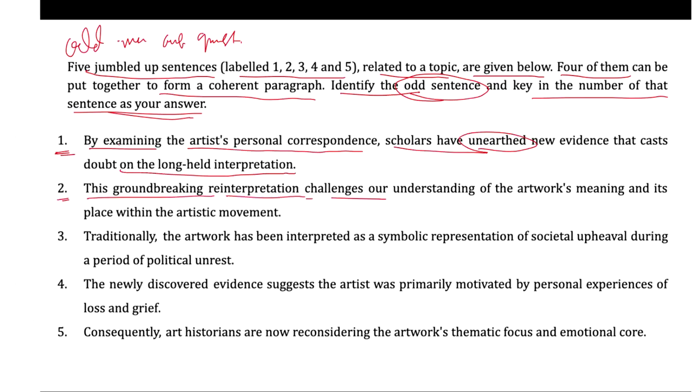Third, traditionally, the artwork has been interpreted as a symbolic representation of societal upheaval during a period of political unrest. Four, the newly discovered evidence suggests that the artist was primarily motivated by personal experiences of loss and grief. Five, consequently, art historians are now reconsidering the artwork's thematic focus and emotional core.